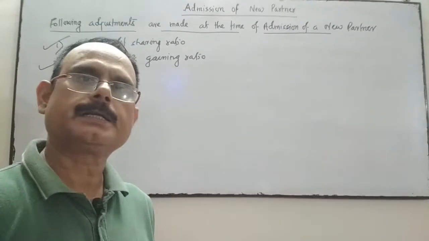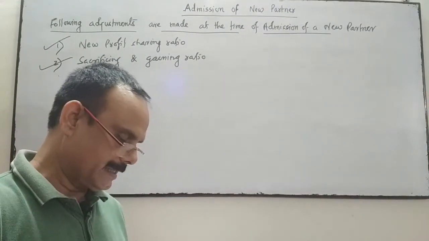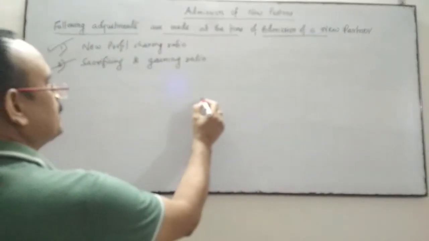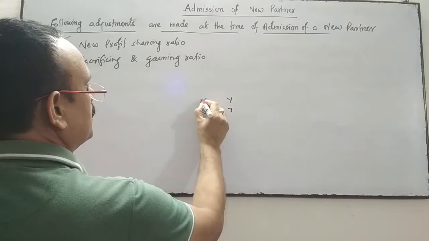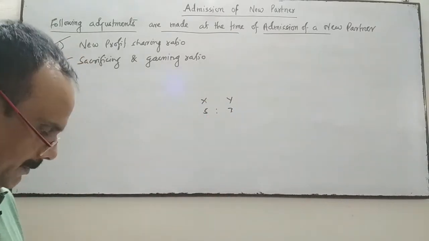X and Y are partners in a firm, sharing profit in the ratio of 5:3.